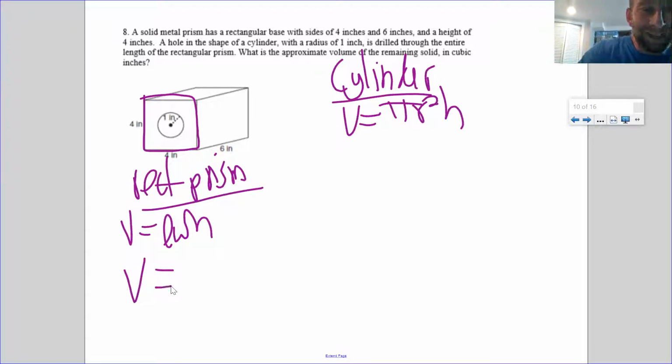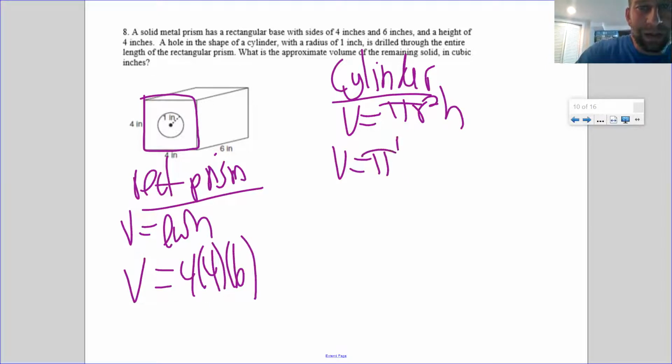The volume of the rectangular prism is 4 times 4 times 6. The volume of the cylinder, well, the radius is 1. Now the height of the cylinder. If I go back to my toilet paper, what's the relationship between the height of the inner cylinder and the height of the outer cylinder? Well, it's the same height, correct?